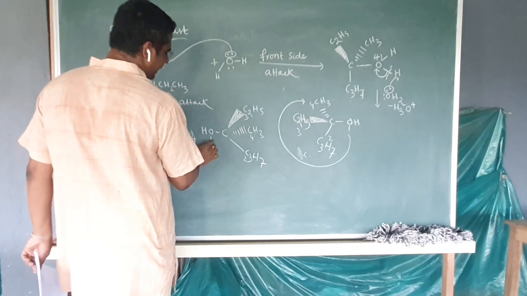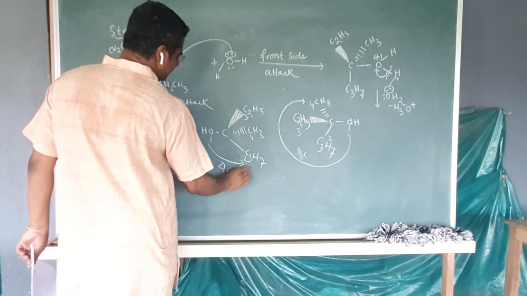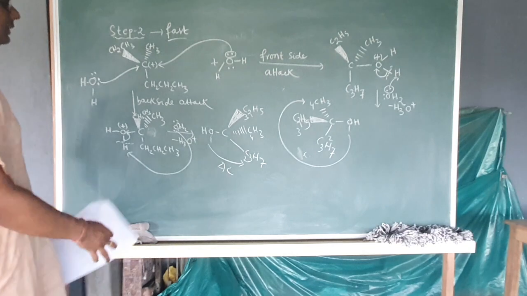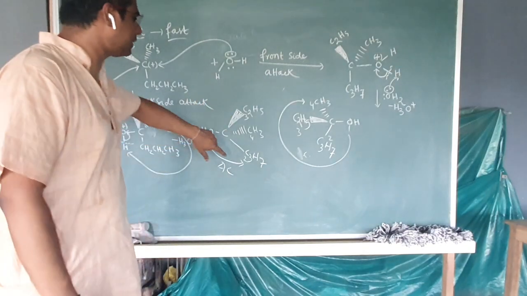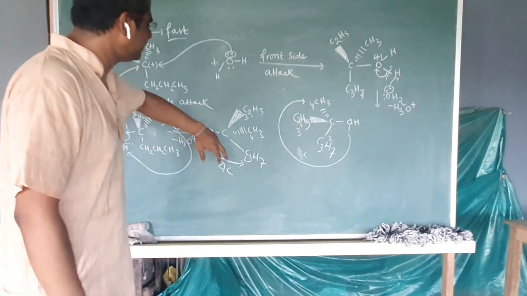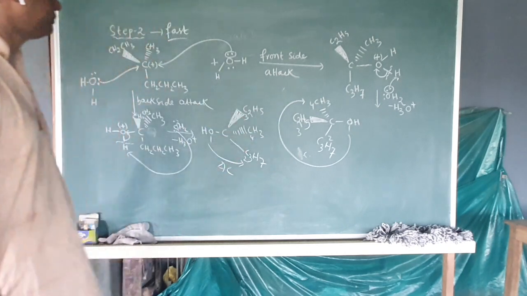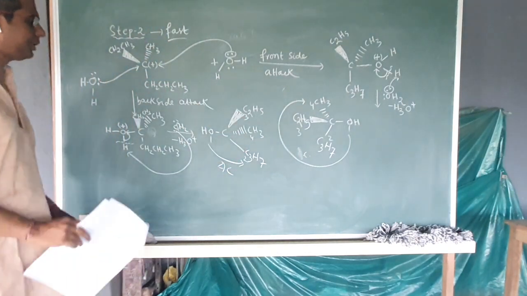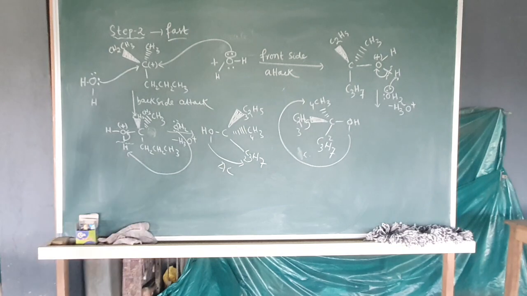So basically you are going anticlockwise, because this is above the plane of paper, so it is not that you have to go like this, you can go like this also, 1, 2, 3, 4, and it will have S configuration.